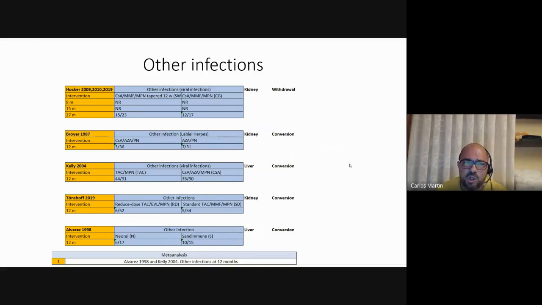And Tonshoff and Alvarez have other infections, and they include viral infections only, but different from the study from Hawker. So, again, it depends on how much impact some types of infections have on the global number. All this information will be included in the evidence tables, which will be sent to the panel.